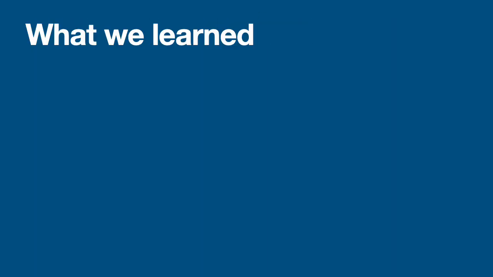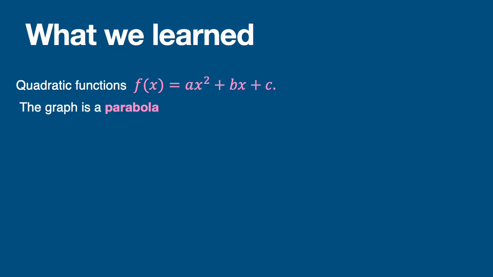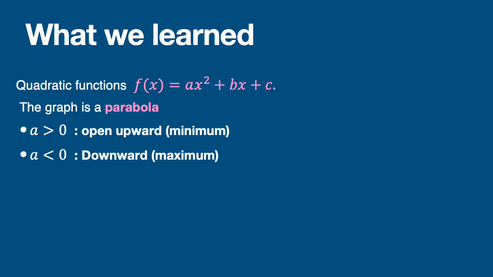What did you learn this session, guys? We learned quadratic function, f of x equals ax squared plus bx plus c. That's the general form, but we also learned vertex form and factored form. When you have a quadratic function, it represents a parabola. The graph is gonna be a parabola. If a, the leading coefficient, is positive, it opens upward and it will have a minimum. If a is negative, it opens downward and it's gonna have a maximum.